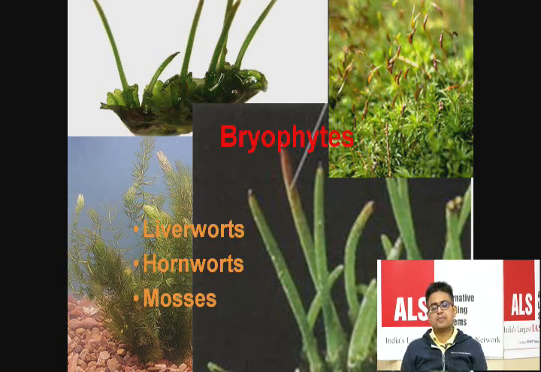In NCERT, hornworts or Anthocerotopsida are deleted, and liverworts and hornworts are studied together as one category. NCERT has not mentioned this, but it's okay, I'll teach you accordingly. So we'll just study liverworts and mosses. Hornworts, no special need to pay attention.